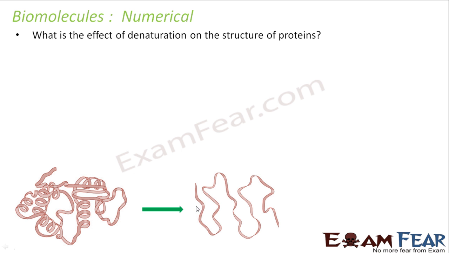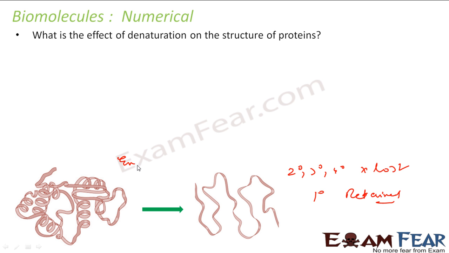So if you see, because of the denaturation, 2 degree, 3 degree and 4 degree structure is lost. 1 degree, that is sequence, is retained. And since the enzyme is all about structure, the 3-4 degree structure is lost, so enzymes will lose their activity.